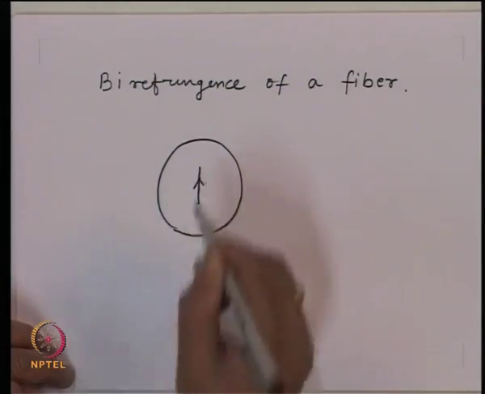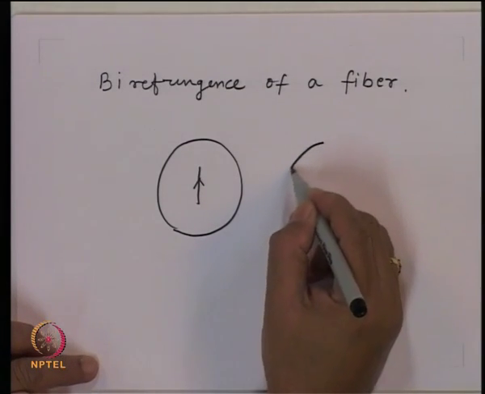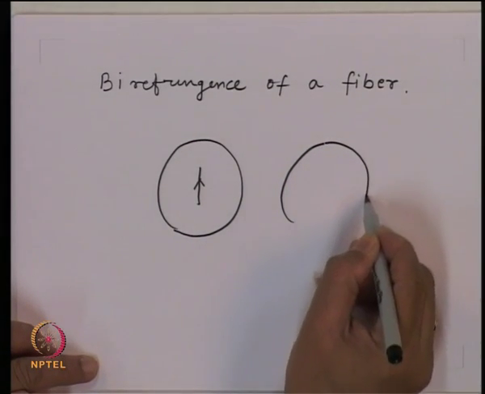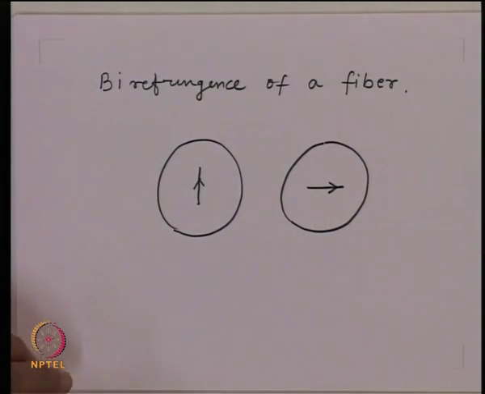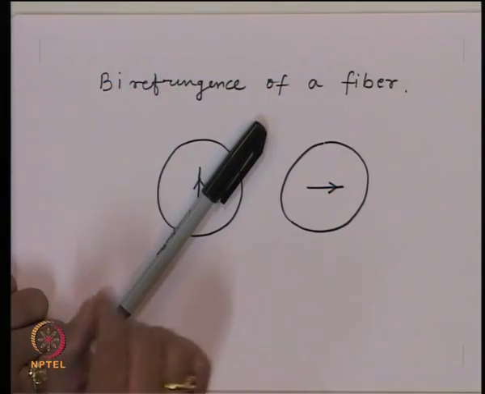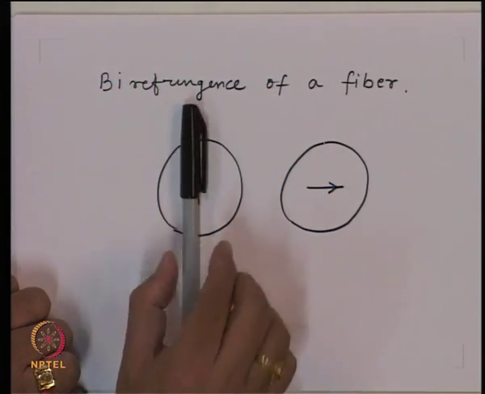So, let us say I have two linearly polarized modes, one has polarization like this, and the other one has polarization which will be horizontal. If the fiber is absolutely circular, any arbitrary direction of the electric field can be decomposed into two.